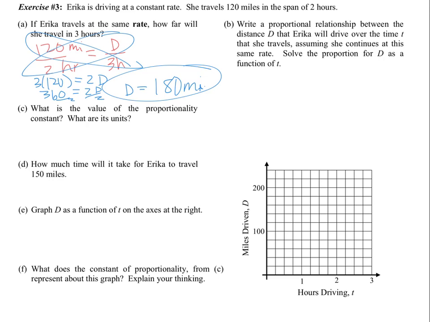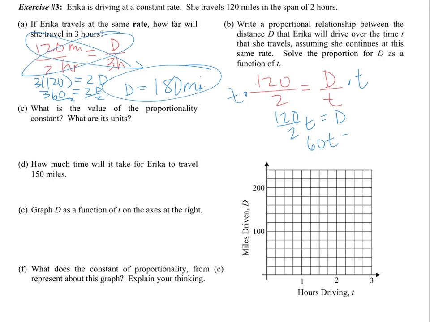Write a proportional relationship between the distance D that Erica will drive over the time T that she travels, assuming she continues at the same rate. Again, 120 over 2 equals total distance over time. But we want to solve for just D, so we multiply both sides by T. Now we have 120 divided by 2 times T equals D. This can be reduced because 120 divided by 2 is 60.